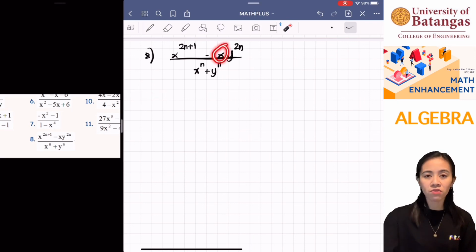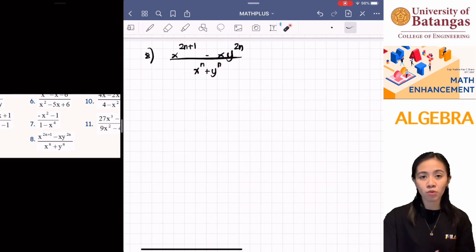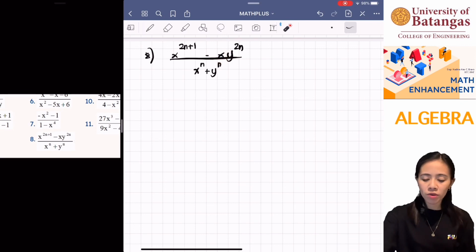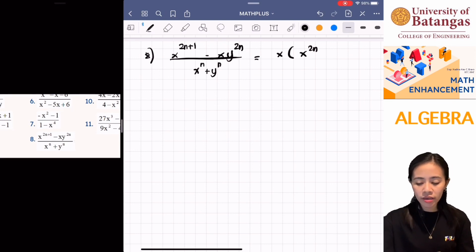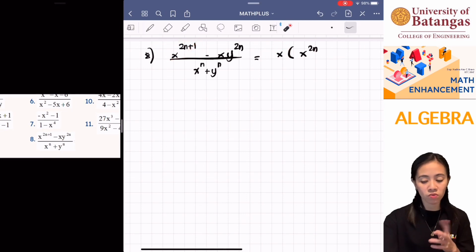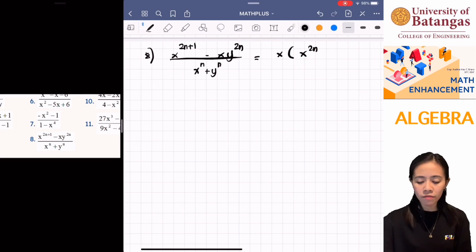Na yung x term na yun, it also appears in the next term. So ibig sabihin, pwede kong i-factor out ito, si x, and that will leave me with x raised to 2n na lamang. Diba? Kasi kapag dinivide mo, x raised to 2n plus 1 divided by x, it means babawasan mo ng isa yung exponent ng x raised to 2n plus 1 mo.